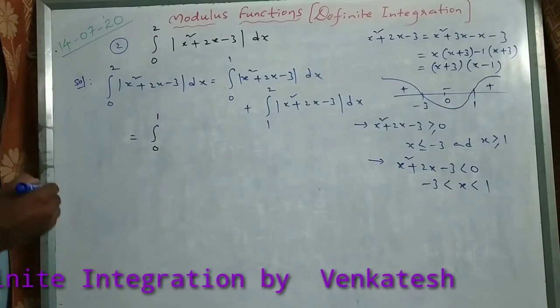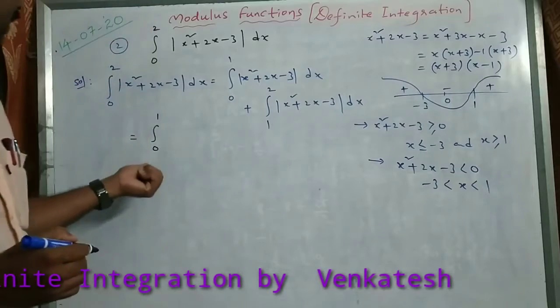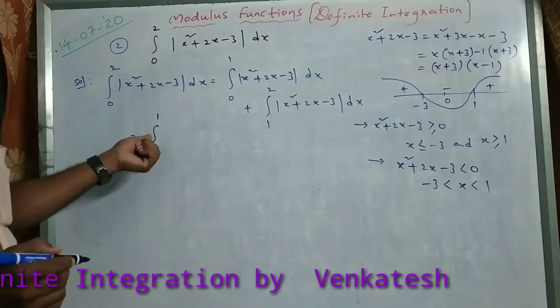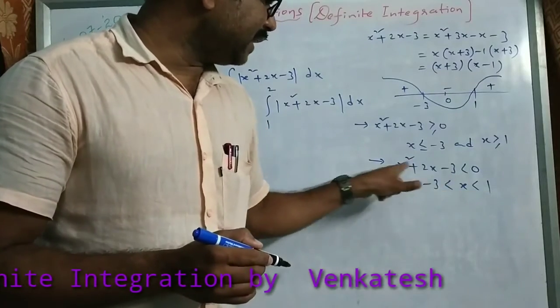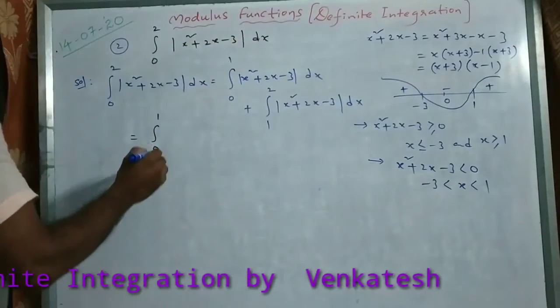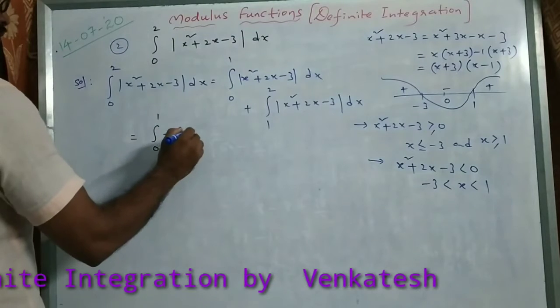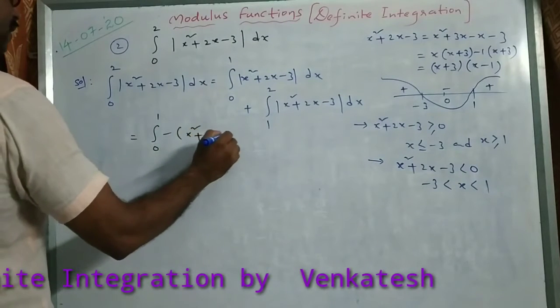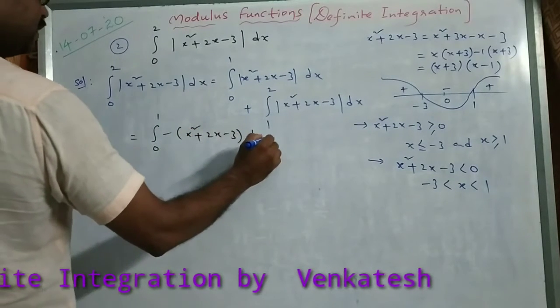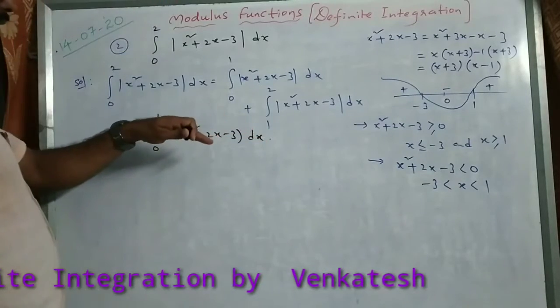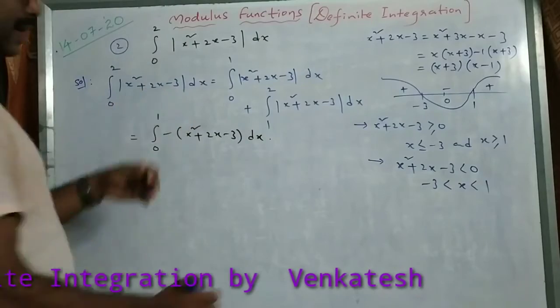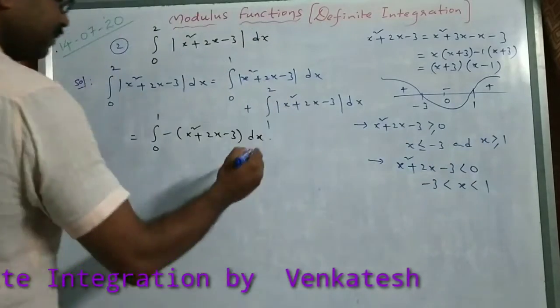Now between 0 and 1, whether it is positive or negative: 0 and 1 means x value less than 1, and x value less than 1 means the function value is negative. Negative means minus of x square plus 2x minus 3 dx. Between 1 and 2, x value is above 1, above 1 means positive.